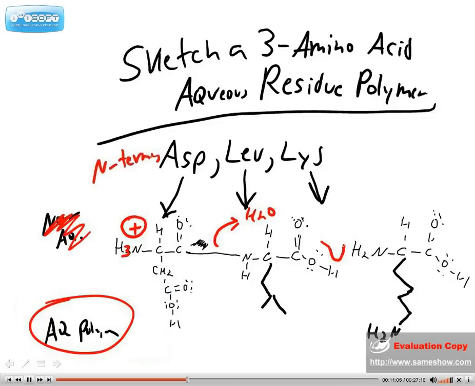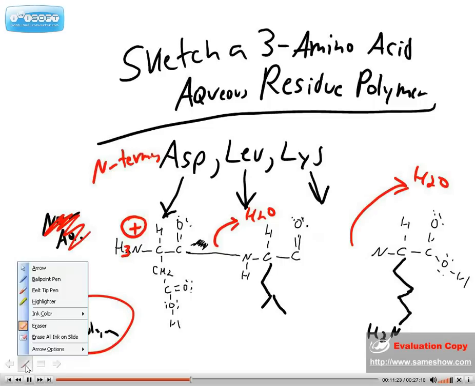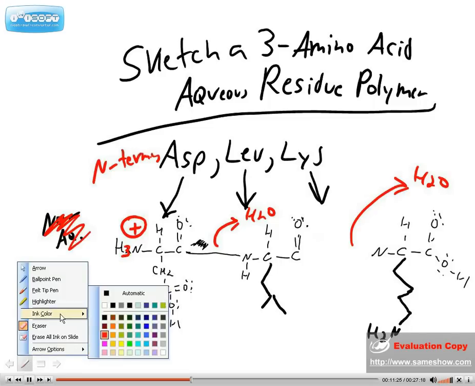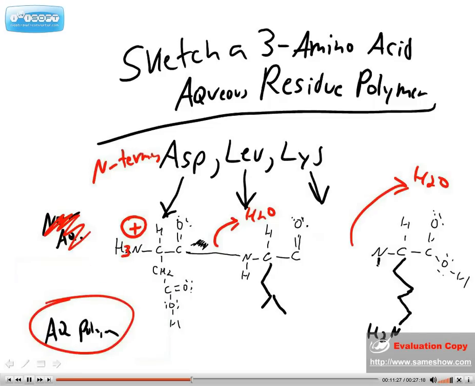Again, the OH from the carboxyl group and one of the hydrogens is going to go ahead and form a water. So let's scratch this out. Scratch out the hydrogen. We're going to put the hydrogen on the bottom, just like last time. So let's put it down here. And then I'll just draw a line going straight across. I have a thicker marker, but that's okay.